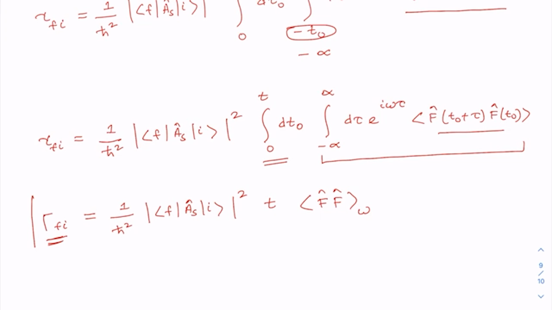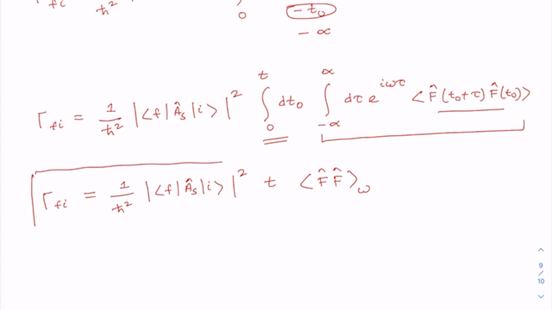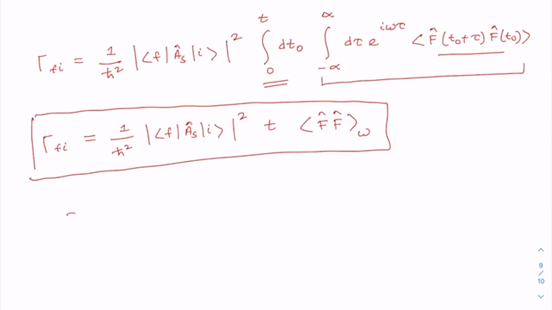So this is the transition probability. Wherever gamma fi is there, please make it capital gamma fi. And the rate of transition probability, which I now denote as gamma fi, is the transition probability divided by time.